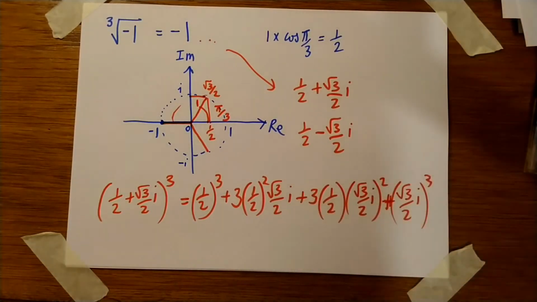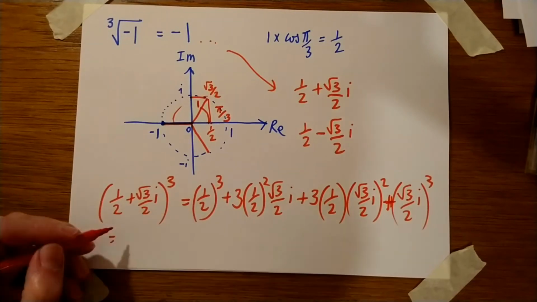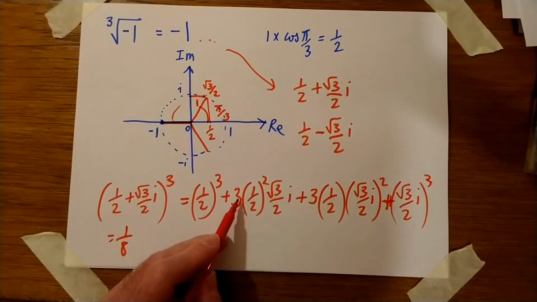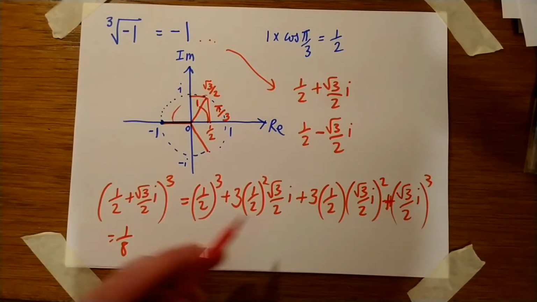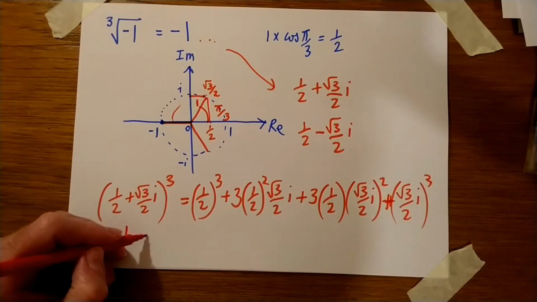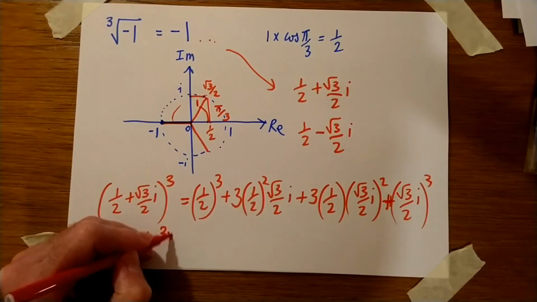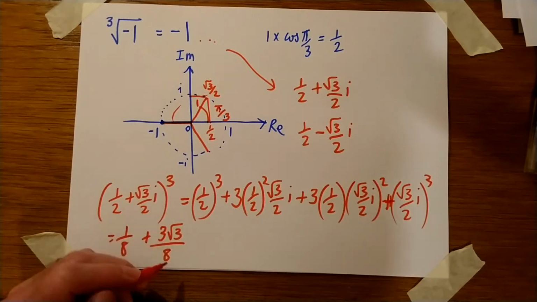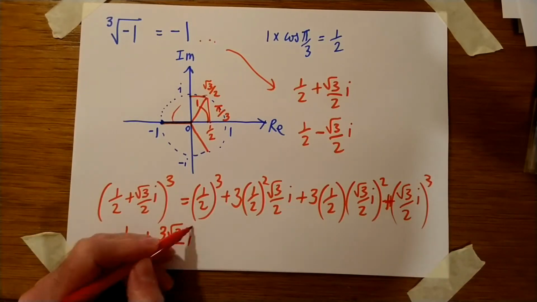Okay, that's a plus there. So that gives us 1/8. And I've got 3/4 and then a 2 on the bottom, so that's 3/8, or 3√3/8 I should say, because I've got the √3 there. So 3√3/8, and I've still got the i here.